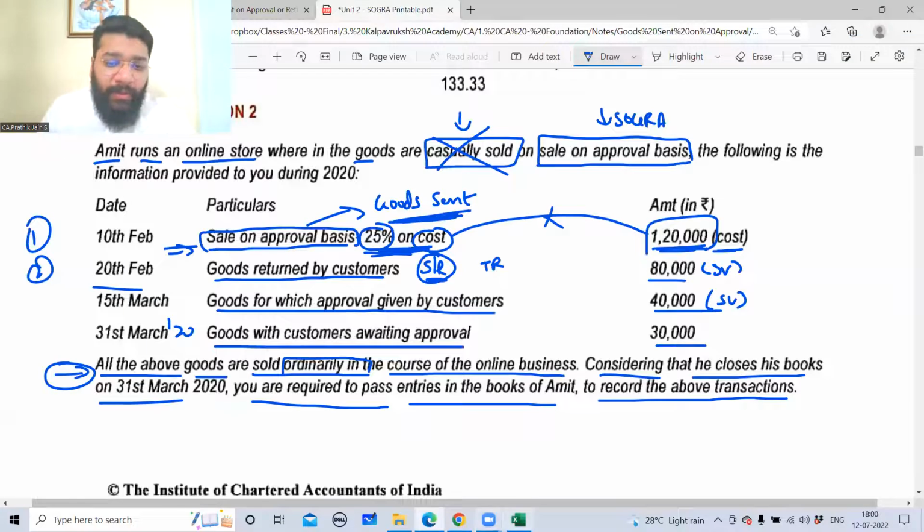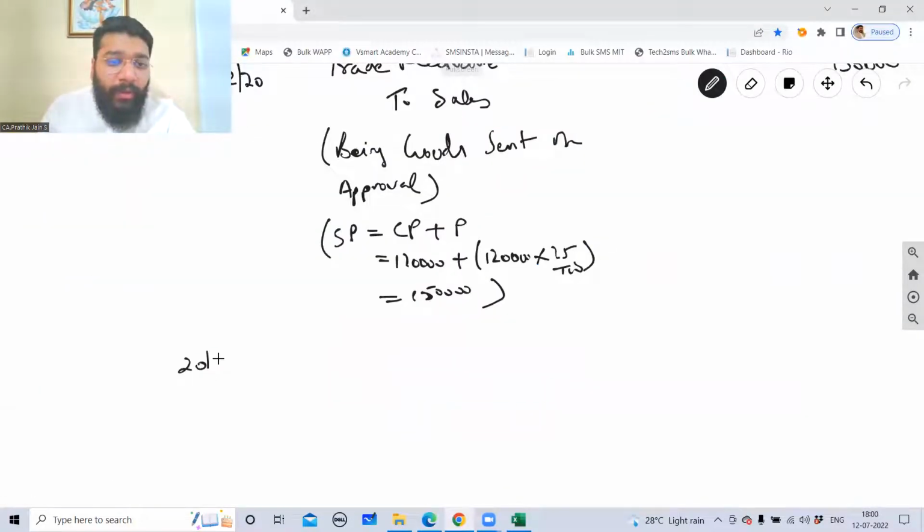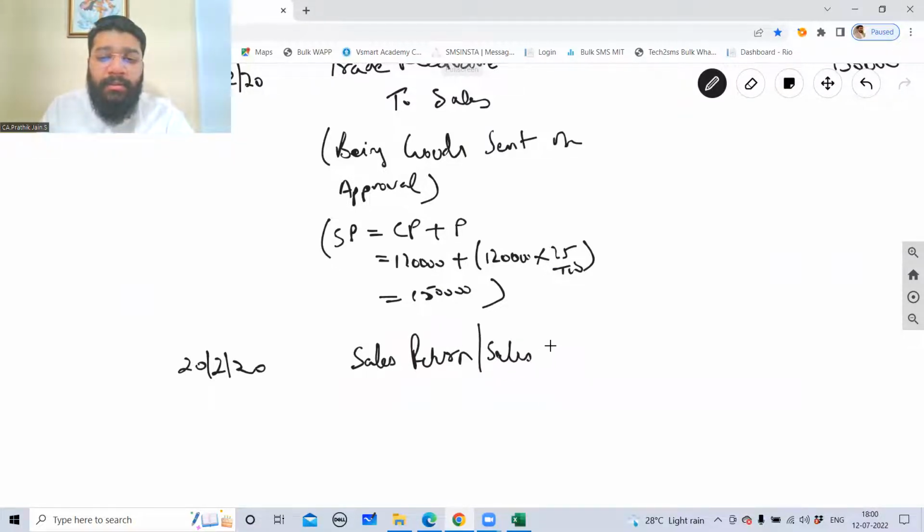So on 20 February 2020, sales return or sales account debit. Anyone you can write in an exam. To trade receivable. Trade receivable is my debit balance. To increase my debtors balance, I'll debit it. To decrease, I will credit it. So credit trade receivable.